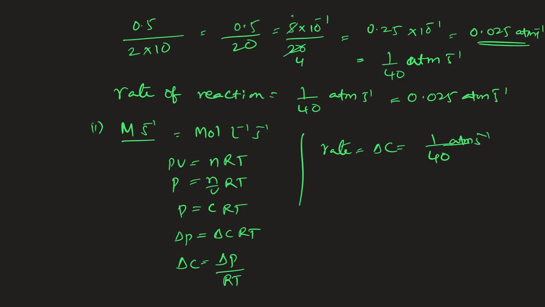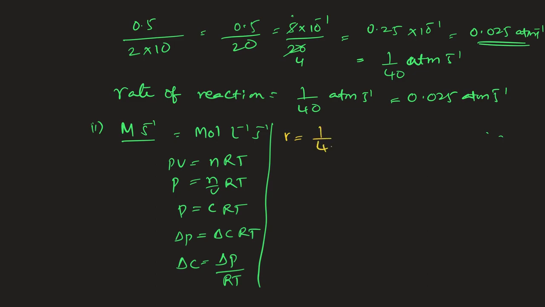The unit is atm second inverse. In the denominator, R value will be taken as 1 by 12, so 12 goes to the numerator, in liter atmosphere per Kelvin per mole. So the rate with respect to concentration is delta P by RT, that is 1 by 40 atm second inverse by R, where R is equal to 1 by 12.